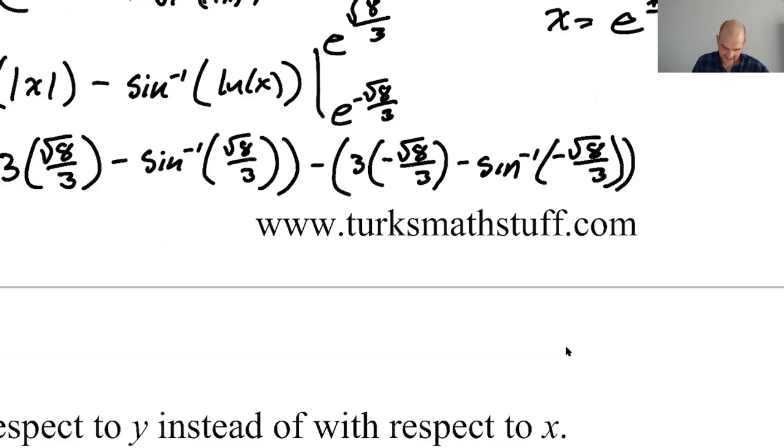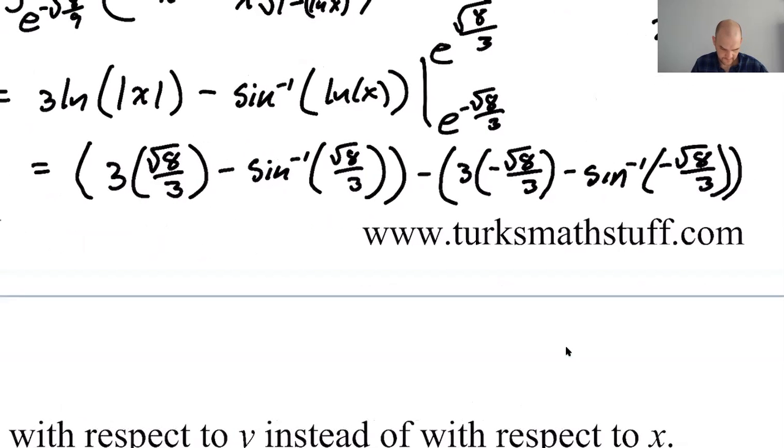Sine inverse is actually an odd function. So the sine inverse of negative blah is negative sine inverse of blah, which means that's a triple negative. So I think we get potentially 2 root 8 by combining this, that's just root 8, and then minus negative root 8 is 2 root 8.